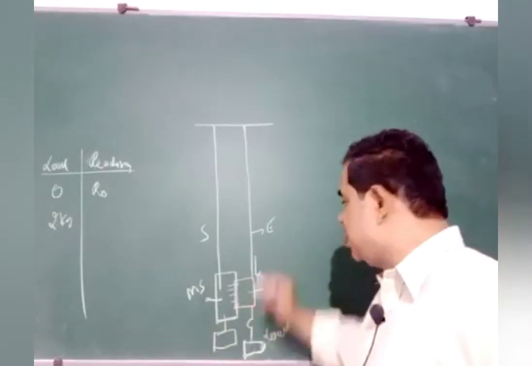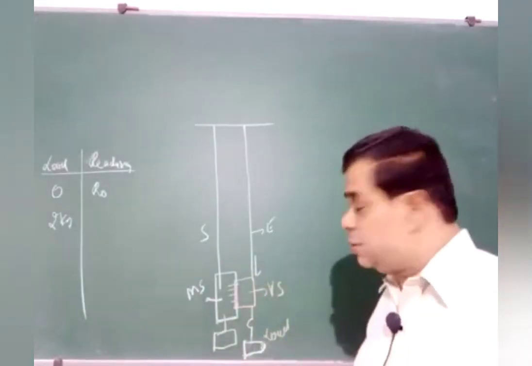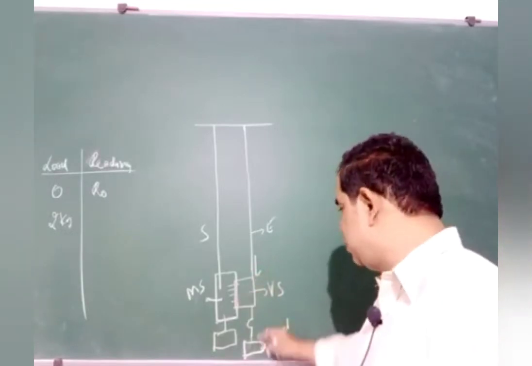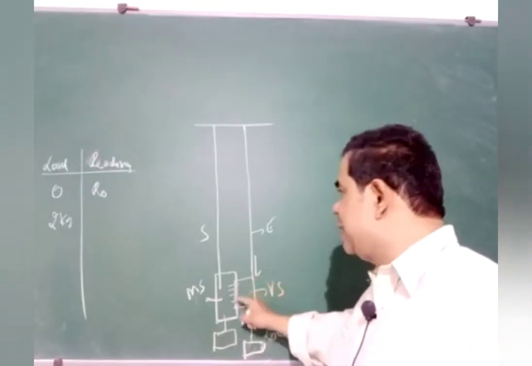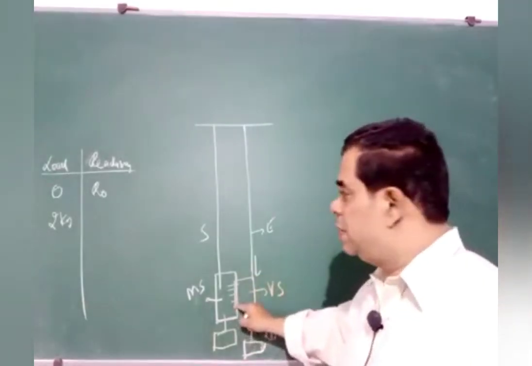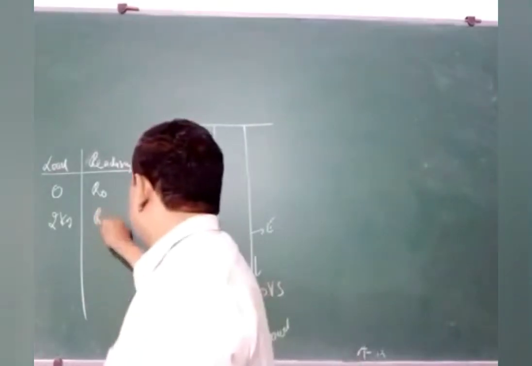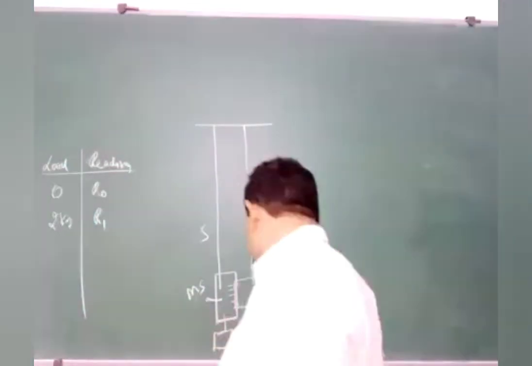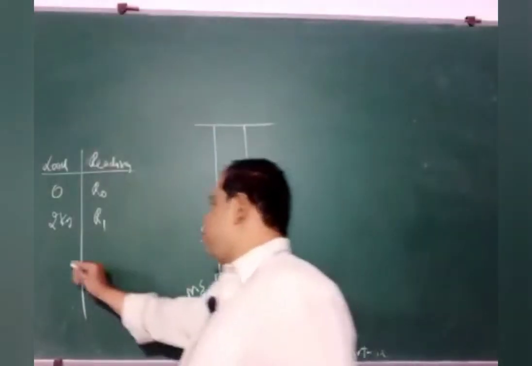A force acts on this experimental wire. Because of that, it elongates slightly, in millimeters. So the reading changes. We call that reading R1. Next, we change to the next load. We suspend the next load, say 4 kg.